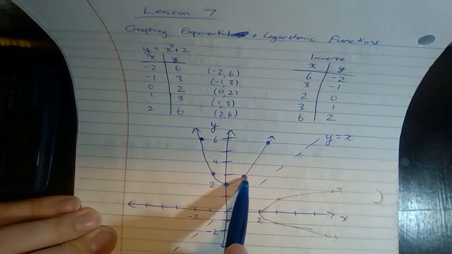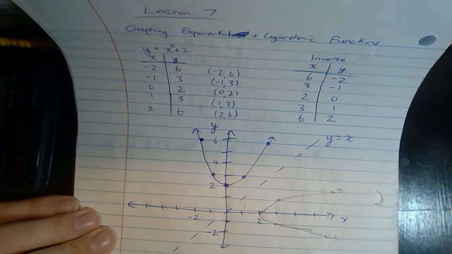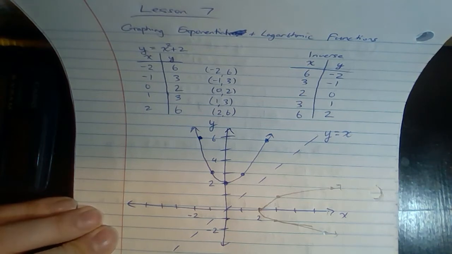The parabola, each point is reflected directly across the line. Again, the graphs on the completed notes online will do a much better job of showing that than my rough drawings. So you can check that there if you want another look. But every single inverse is always a reflection over this line y equals x.